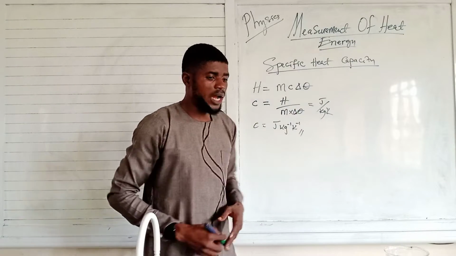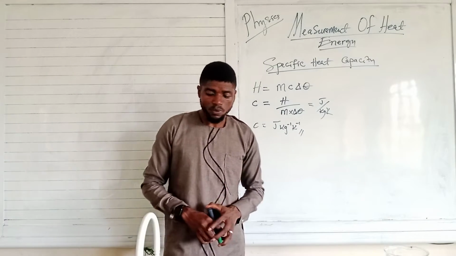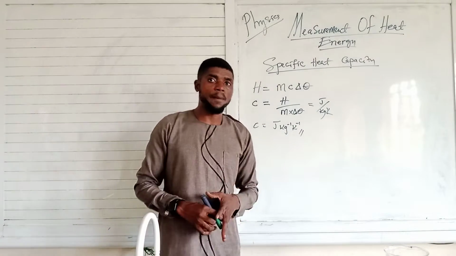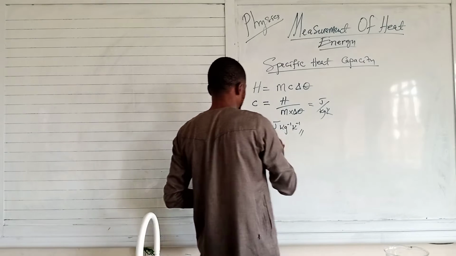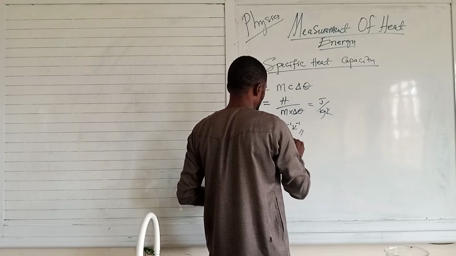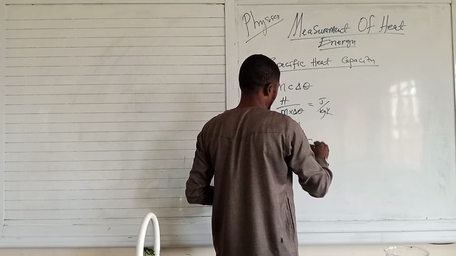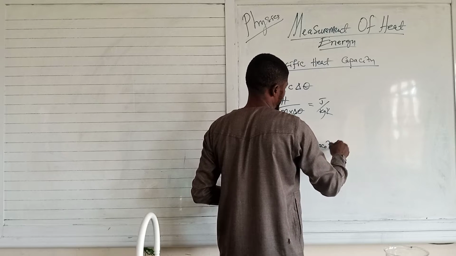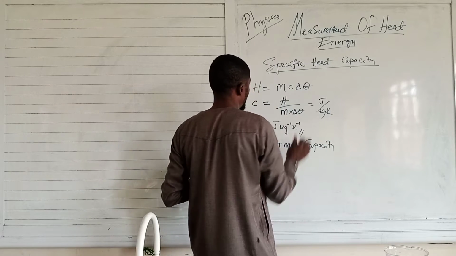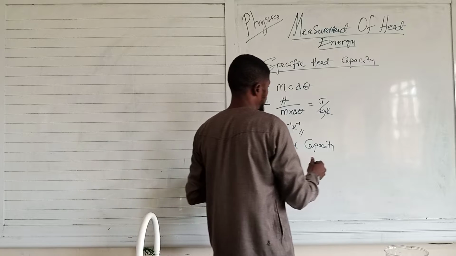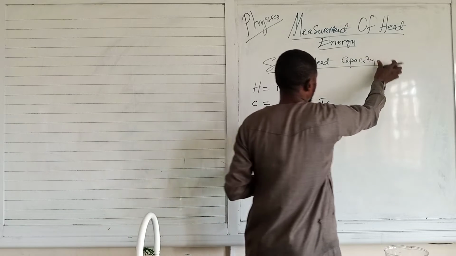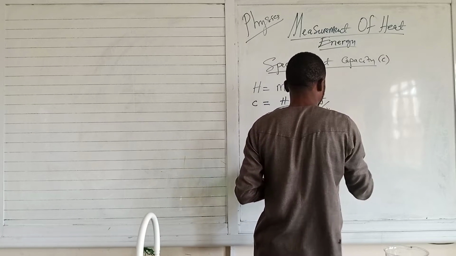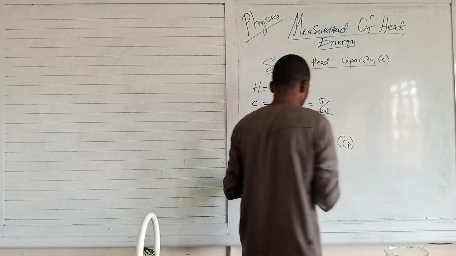We want to look at thermal capacity or heat capacity. We can represent this with a small c and this with a Cp.